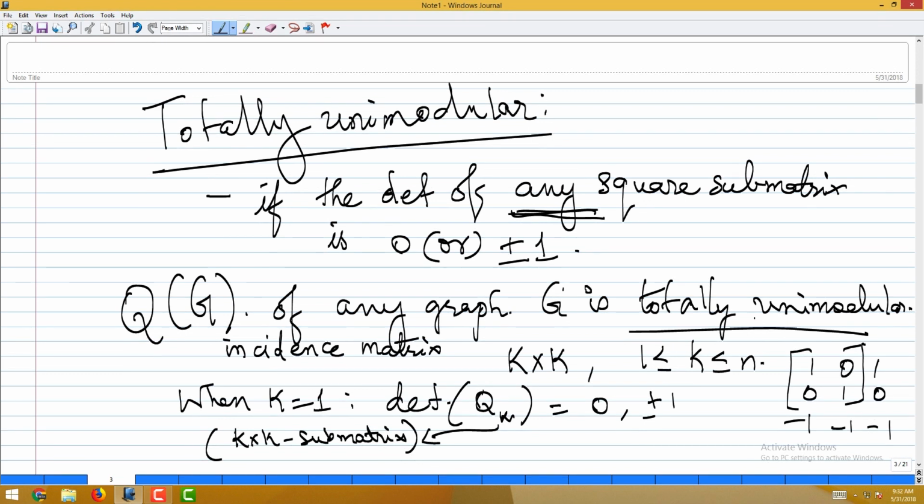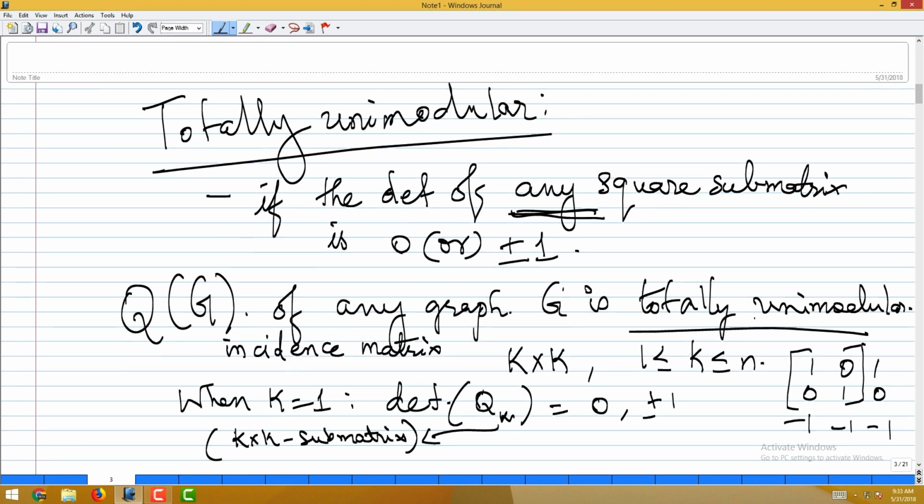A general linear programming problem has a polynomial time solution, whereas an integer problem does not have a polynomial time solution. So, in that case, can we use this?